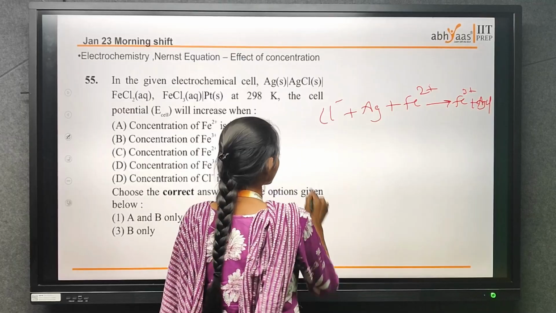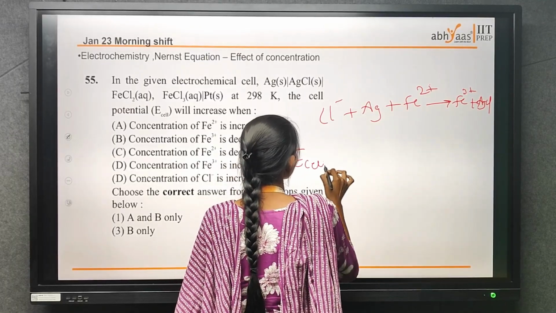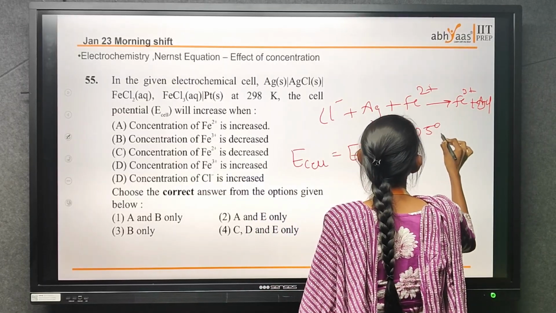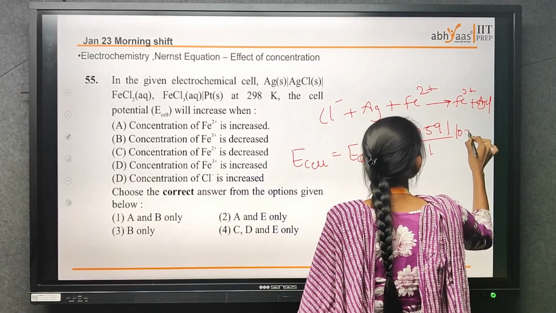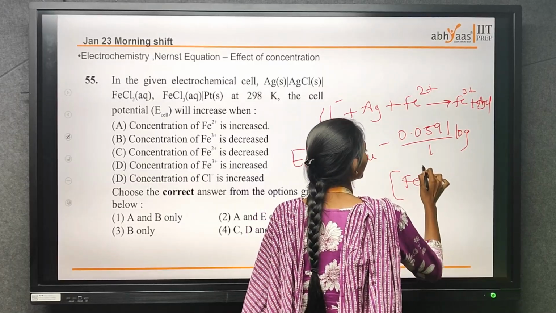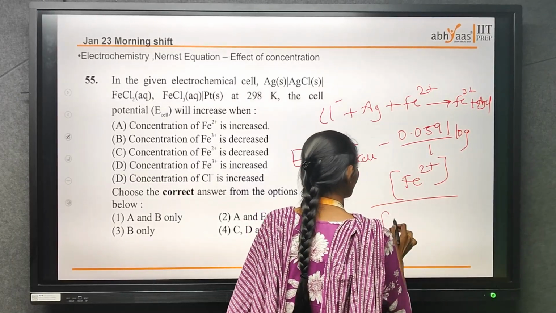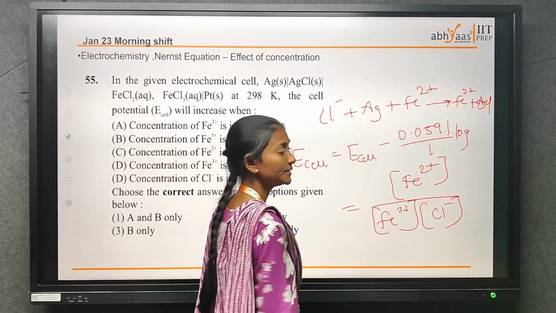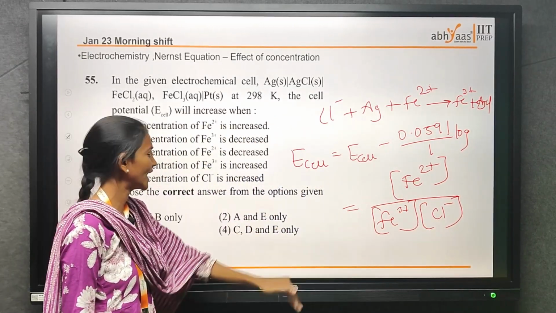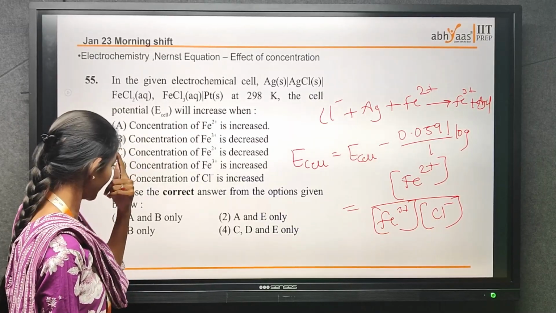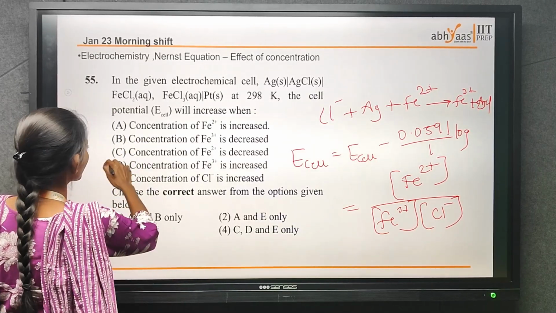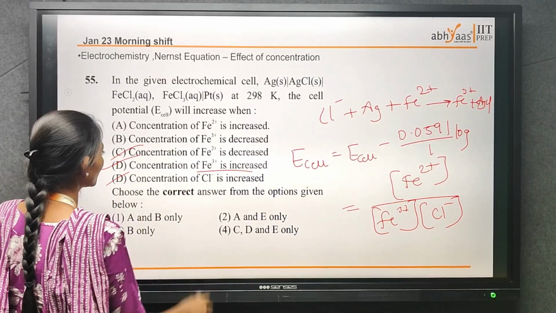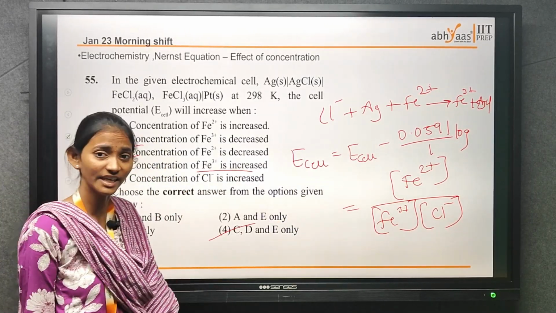If you apply the Nernst equation, which is E cell is equal to E cell naught minus 0.059 by 1 log, I am writing here itself, concentration of Fe2 plus by Fe3 plus and concentration of chloride. You are getting your answer, right? So upon applying the formula, you will get which are increasing and decreasing. Hence C will decrease, Fe3 plus is going to increase, and chloride is going to decrease. Hence the option will be 4, C, D, E, right?